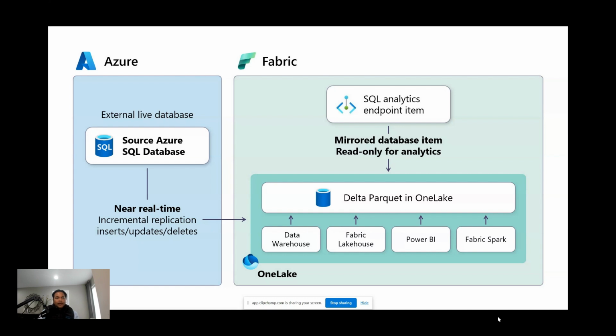Mirroring in Fabric allows you to take a database. For example, in this slide, it's showing Azure SQL. So you take the database and you set up a connection to it for mirroring. When you do, Fabric uses the transactional replication features of the database. So any data that gets inserted or updated, Fabric gets that transaction in real time and also writes it to the mirror database.